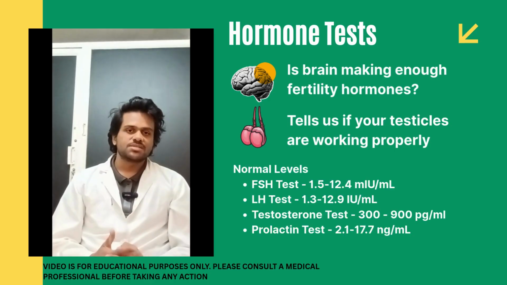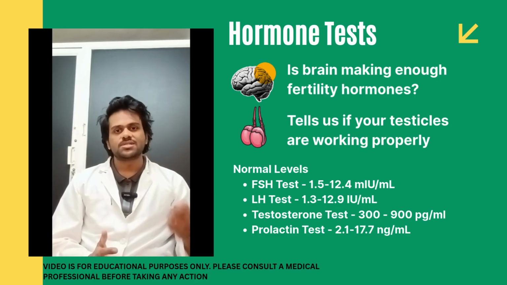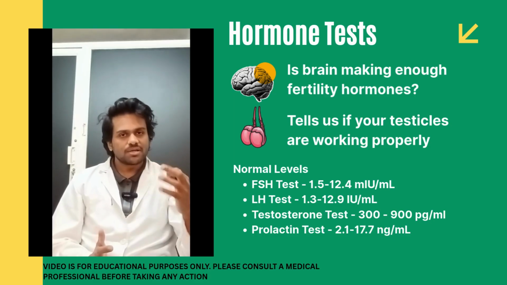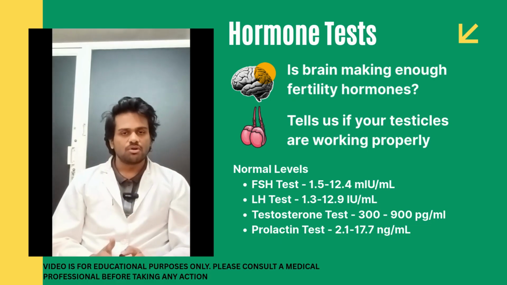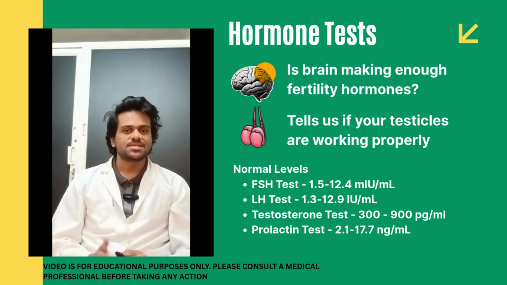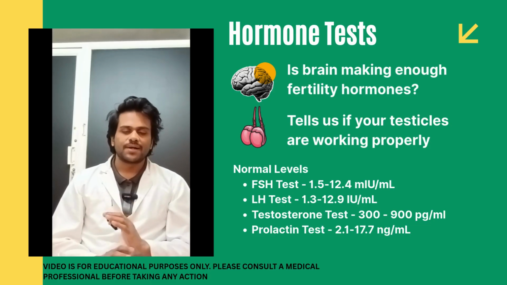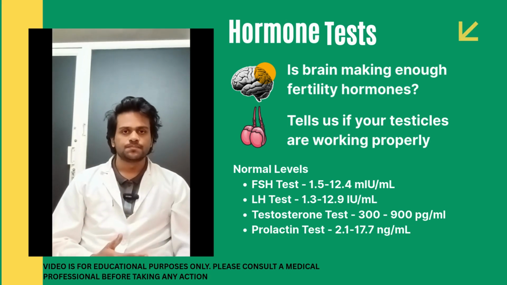Next thing we want to check is whether your testicles are actually working properly. Even if the hormones in your brain are being made in the right amount, if your testicles don't respond to that, they will still not make the sperms. So we can check for that also by checking these hormone levels. I've included a list of the hormones here as well as their normal ranges. This test is a blood test, and you should just provide a single blood sample in the morning, and that's enough. You don't have to do any special preparation. You usually don't even need to be fasting for this.